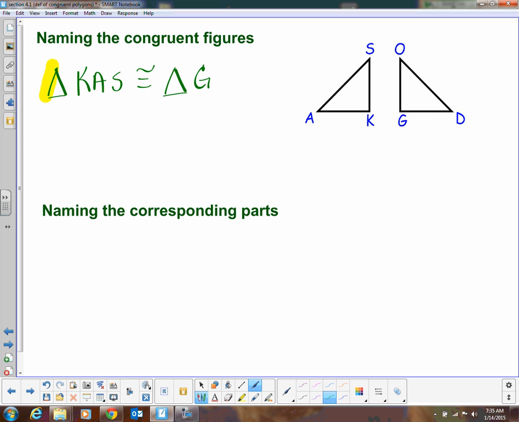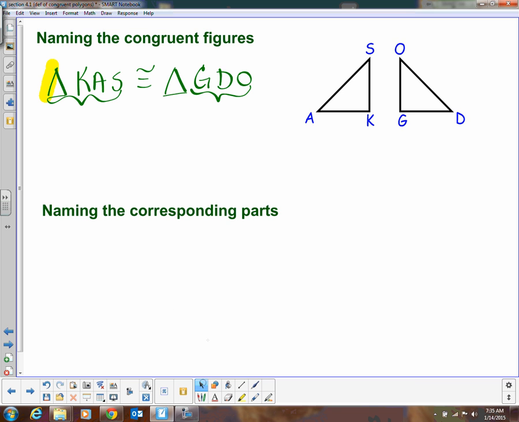And then to A? A's down here, D, and then to S? Right, okay? So once this is stated, there is only one correct way to write that. You've got to pay attention to that order.